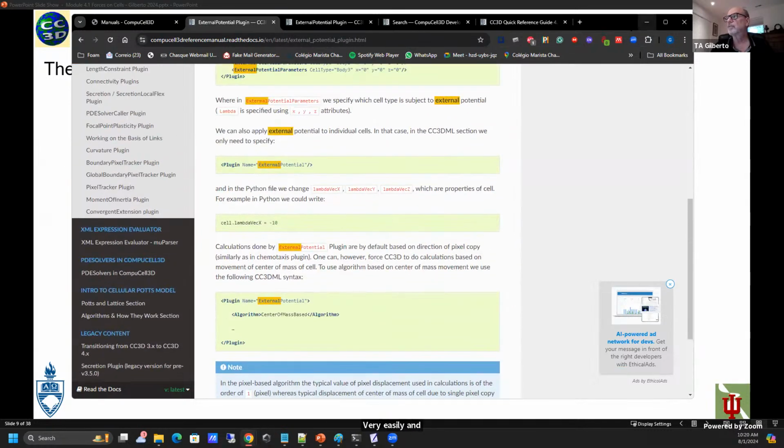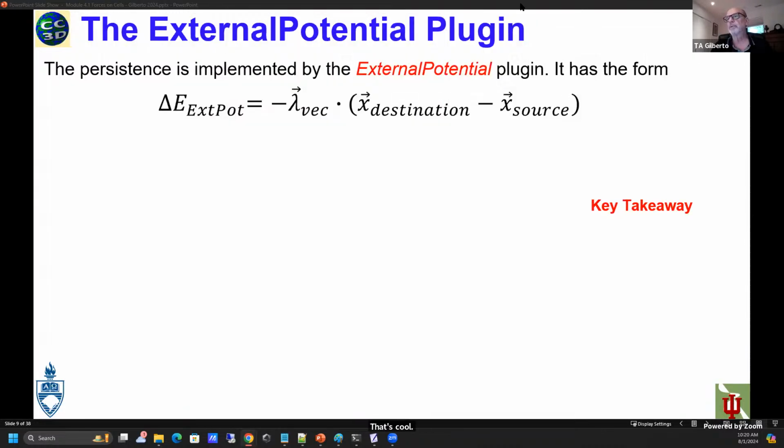So let's go. The external potential then is the product of a strength, which is actually the force, scalarly multiplied by the displacement of the cell. The displacement of the cell is well known because you know where the cell was and where the cell is in your simulation.